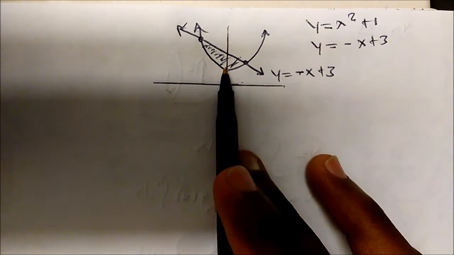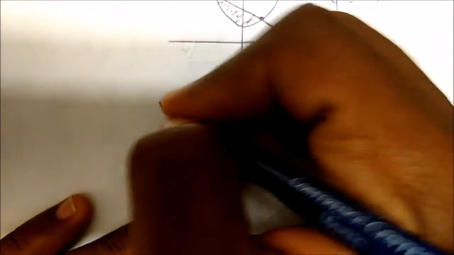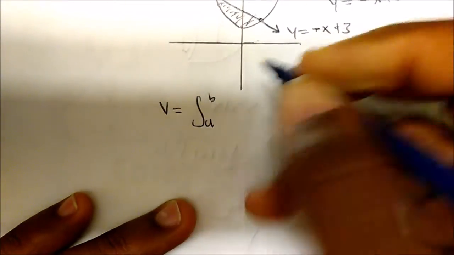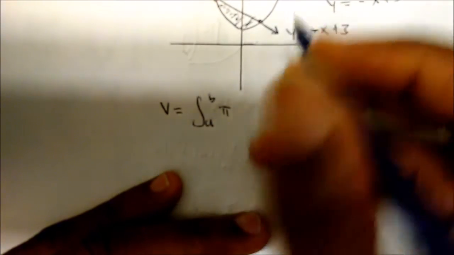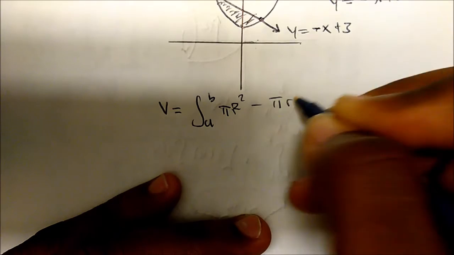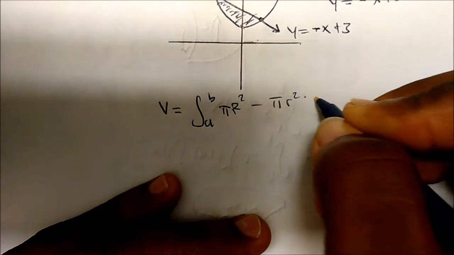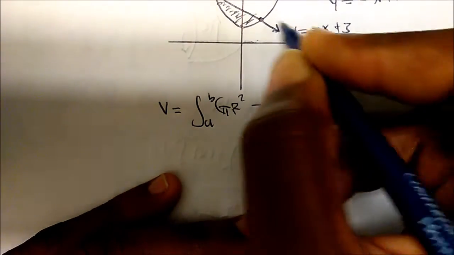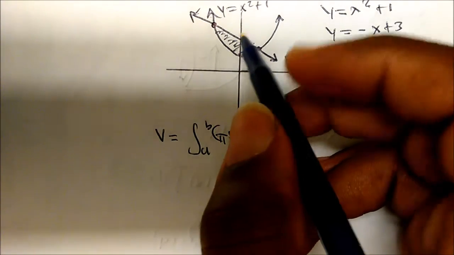What's my lower function? It's y is equal to x squared plus 1. So my volume is going to be the integral from a to b of pi big R squared minus pi small r squared dx, right? Because we're integrating with respect to x, we're walking the x-axis.